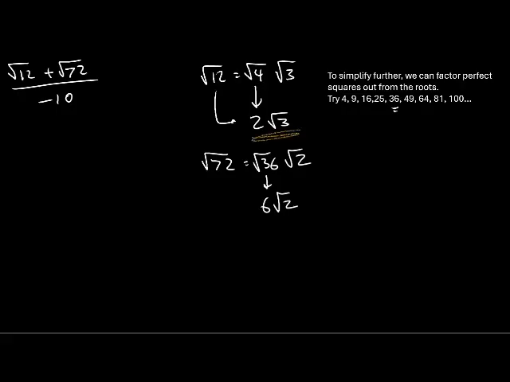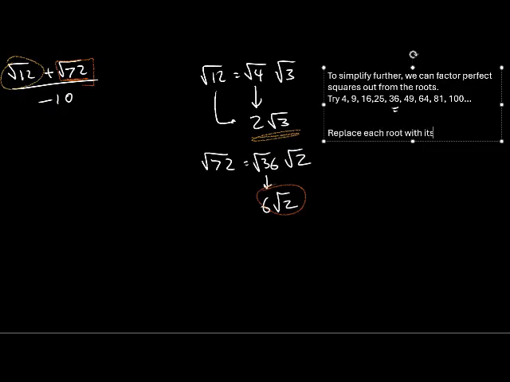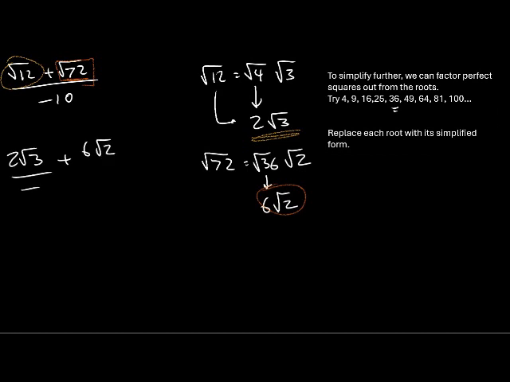We can now place 2 root 3 in the place of the root 12, and we can place 6 root 2 in the place of the root 72. So our new fraction will look like this once we do our replacements. We'll now have 2 root 3 plus 6 root 2, both of them over negative 10.